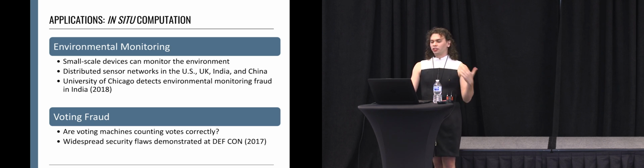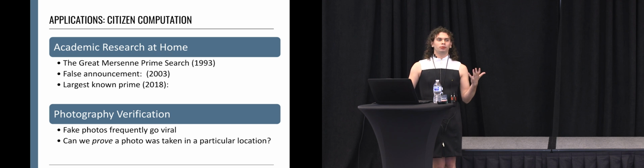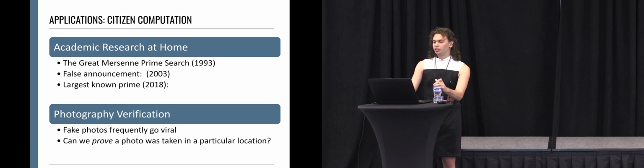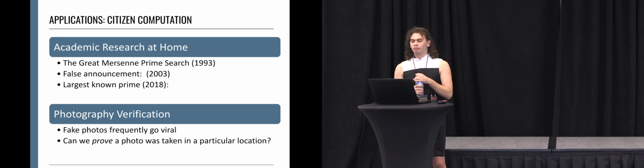When it comes to citizen computation, sometimes people participate in these programs and just deliberately mislead people. In 2013, GIMPS actually announced M40, which is the symbol for the 40th Mersenne prime, incorrectly.